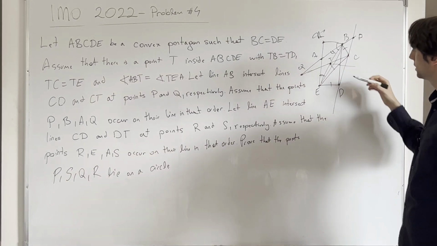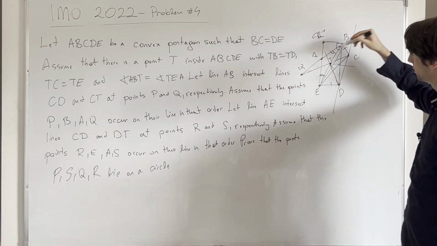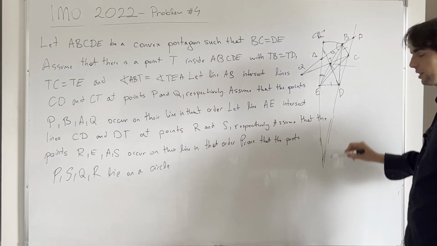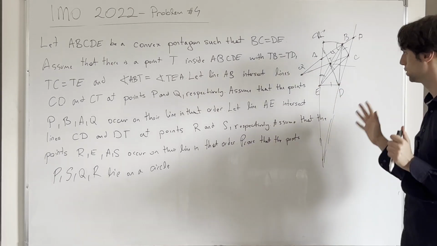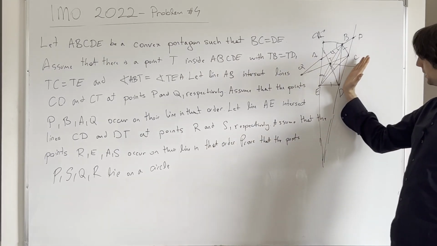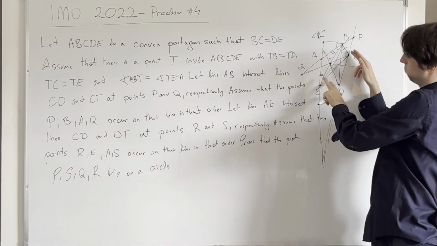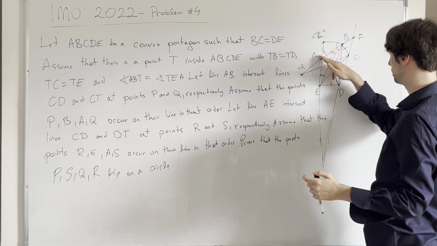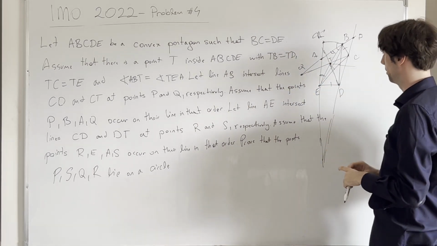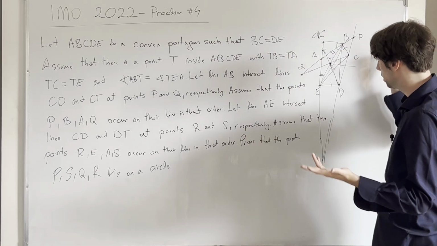Then we have a similar thing for DT, and CD intersects AE at a line. Why am I drawing a bad diagram before I draw a nice one? I now know this angle should be kind of big. When drawing A, I might want to draw a bigger angle here so that they meet closer over here.